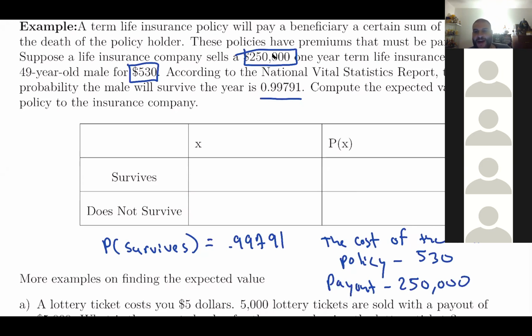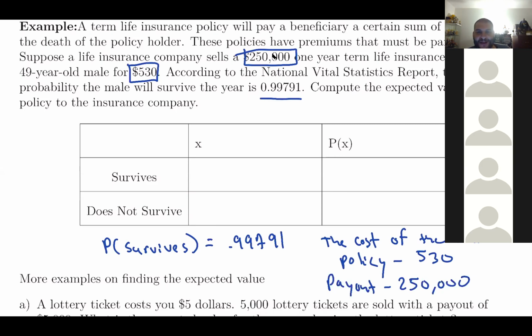We have the cost of the insurance policy, $530. And we know if the 49-year-old male does die, the beneficiary gets $250,000. Everybody good with that? All right, unanimous? Yes.